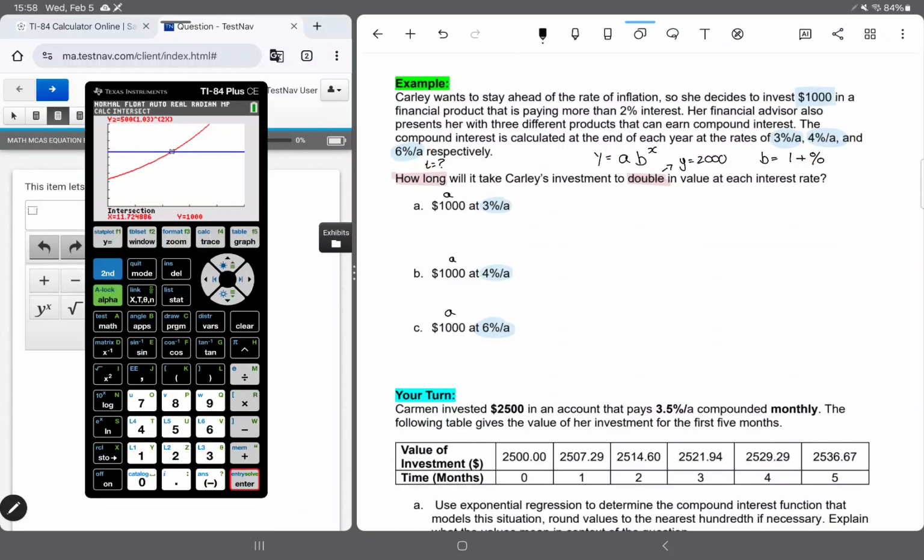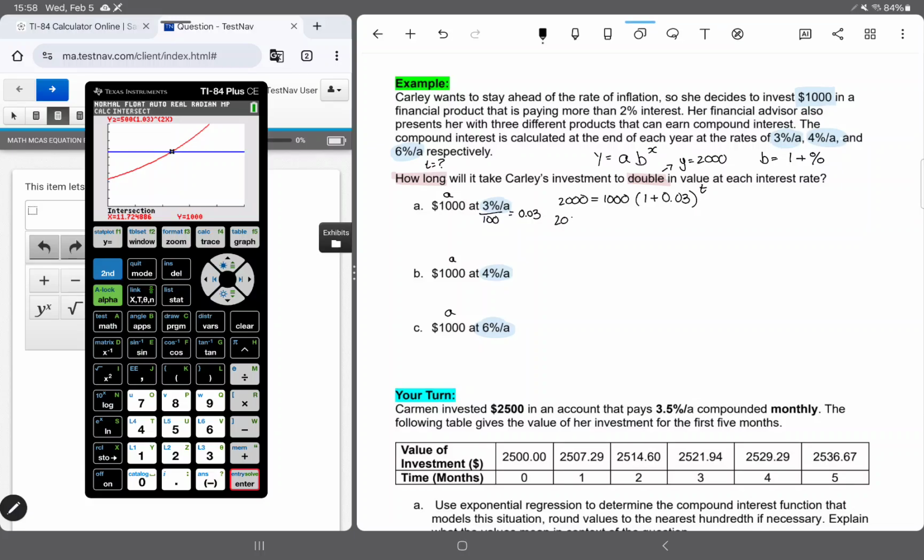So this first equation is going to be, well, we know y is 2,000. So we're going to have 2,000 equals my initial investment of 1,000 times 1 plus, remember we have to divide this by 100 to get the decimal, to the power of t. There's no need to adjust for the compounding period because it's just 1 year.